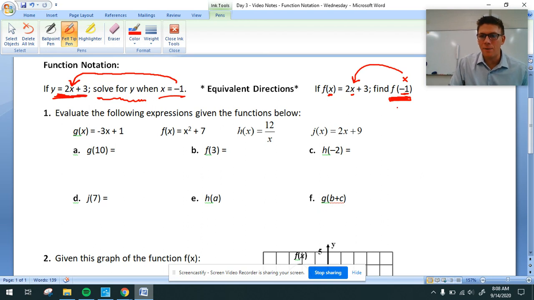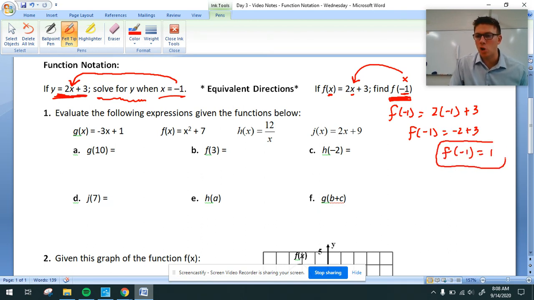So if I were to find f of negative 1, I would plug in negative 1 for this x, and I would say f of negative 1 is negative 2 plus 3. F of negative 1 is 1. So how do we interpret this statement? Well, I plugged in negative 1, and that was my x coordinate. What did I get back? My y coordinate. So it's about being able to interpret this statement for x's and y's, and now let's plug them into these examples.